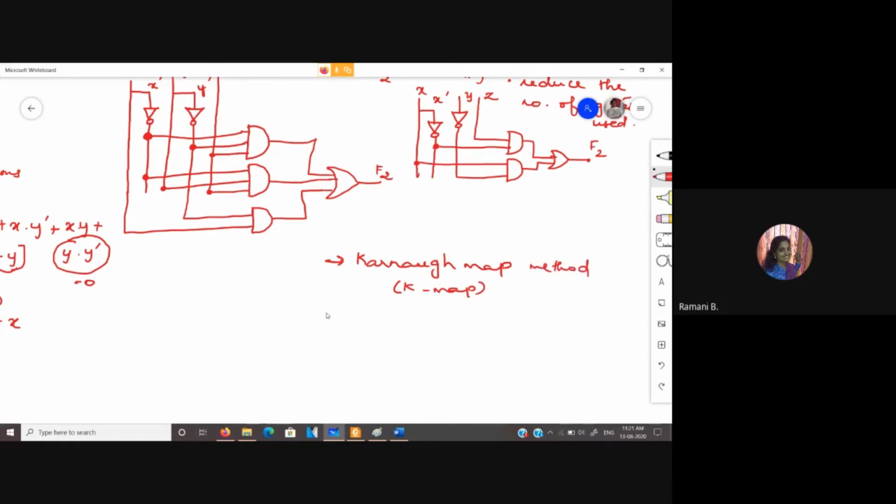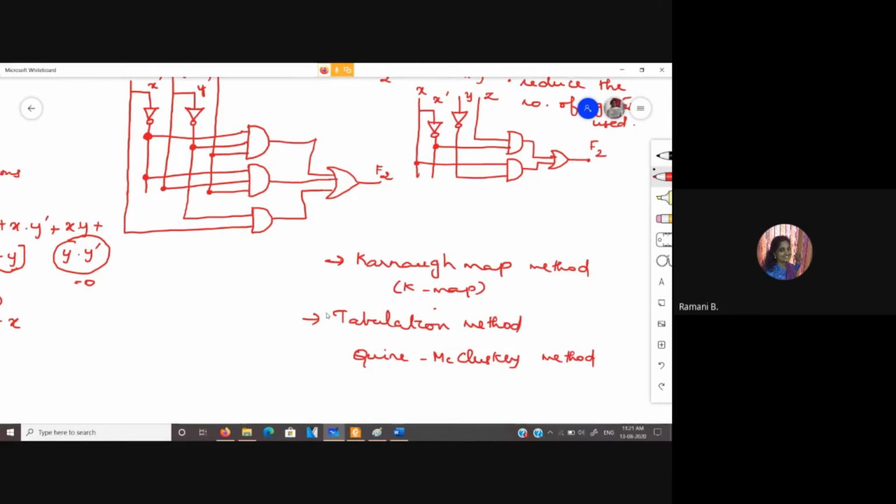Another method is called the tabulation method or Quine-McCluskey method. It is named after the person who gave this method. We will see that in the next unit.